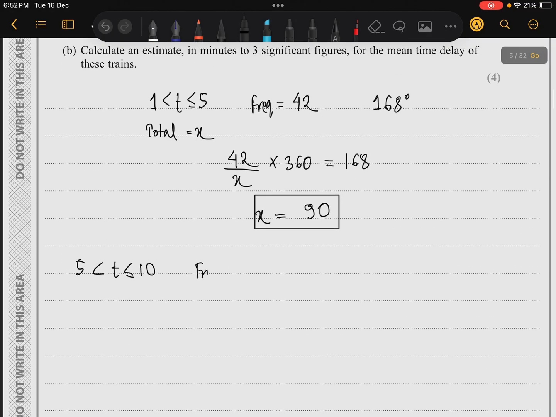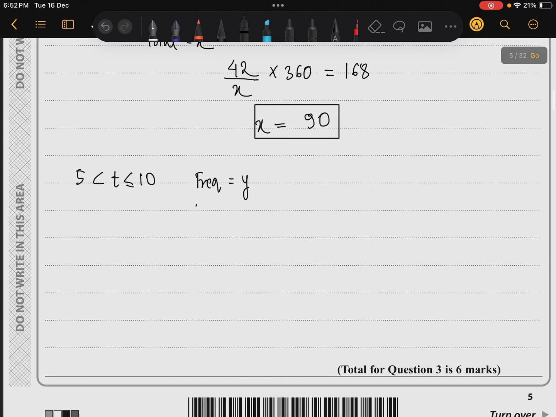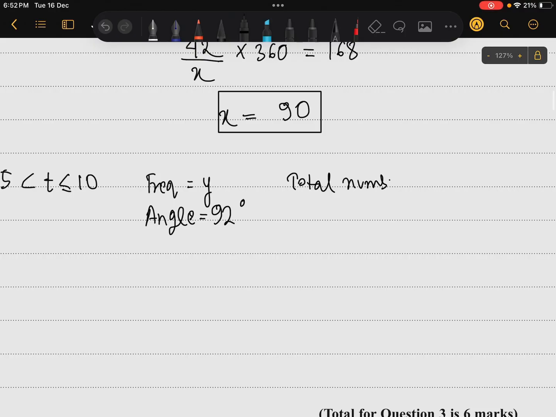So let's consider the frequency as y. Okay, the frequency is y, and we know the angle, which is 92 degrees, and we also know the total number of outcomes, which is 90. Actually, I'm writing total number of outcomes here because this makes it more clear. Yes, total number of outcomes is equal to 90, so 90 trains, okay?